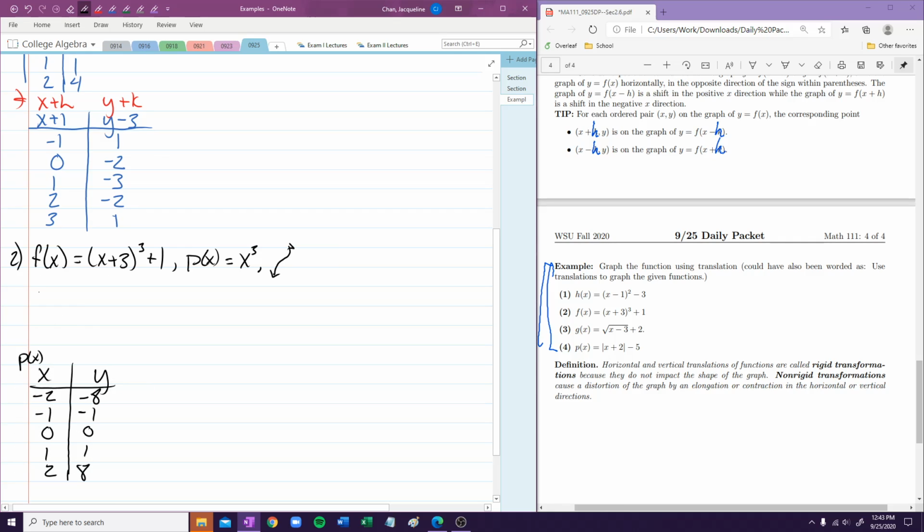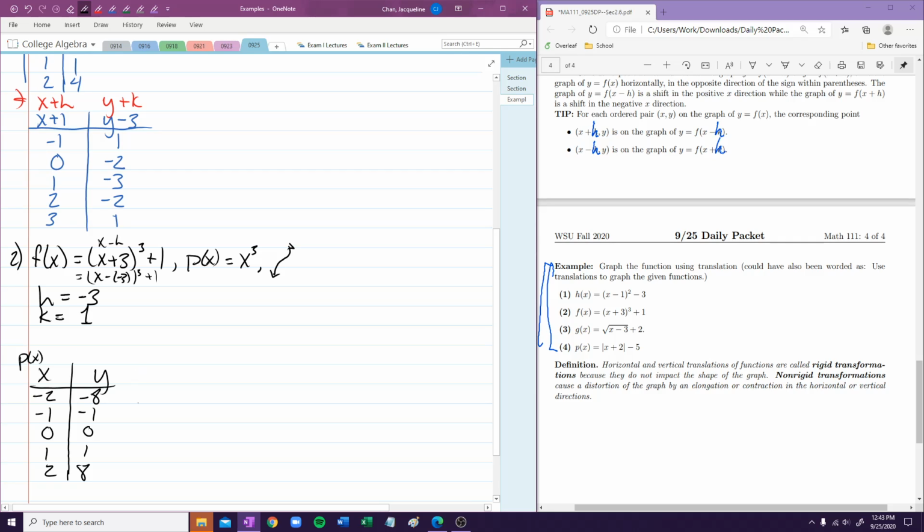Remember, h represents the horizontal shift. So our h is negative 3. Remember, it is not intuitive. It is the opposite. So instead of x plus 3, it is negative 3. You know what I mean. h is minus 3 because it has x minus h, so this would be x minus a negative 3. And then our k is equal to 1.